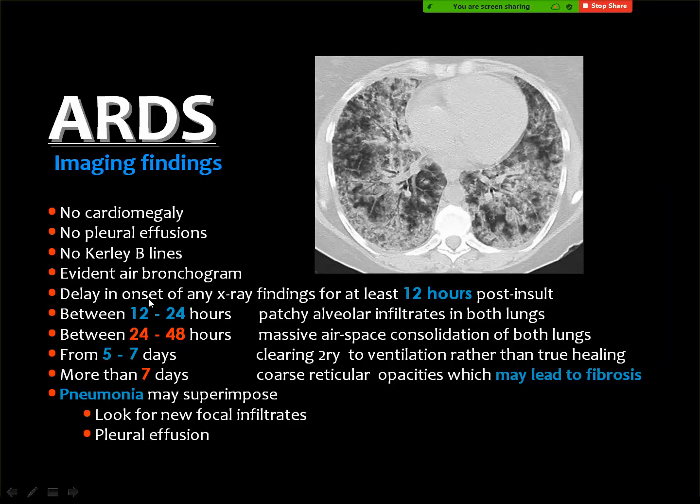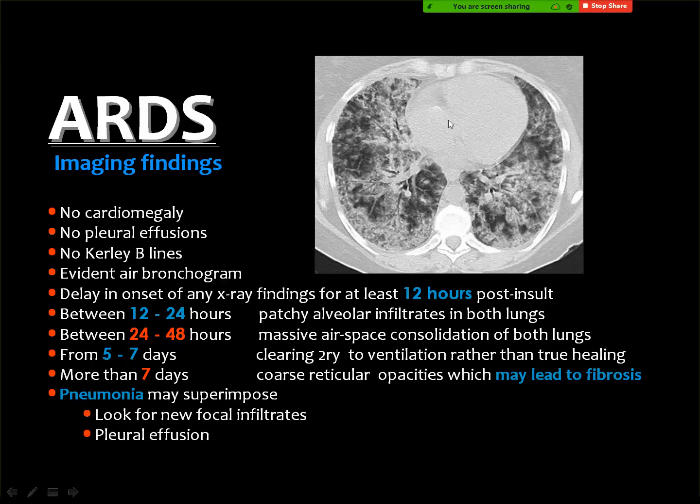Then there may be a delay of onset in the X-ray findings up to 12 hours. Between 12 and 24 hours, you got alveolar infiltrates. Within 2 days, you got massive airspace consolidation. Then because the patient is on ventilation, there may be some clearance of the opacities, not because of the clearance of the disease, but because of the ventilation.